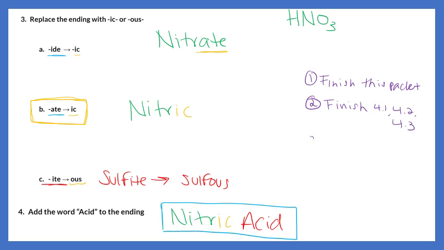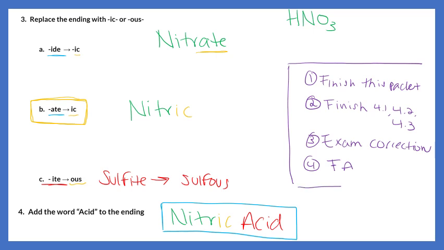And if you're done those, then you can work on exam corrections. And if you are finished those, you can take the focus area. These are the 4 things that you can do after this video, but please do them in order. Please work on this packet first. Then when you're done, you can move on to packets 4.1, 4.2, and 4.3. If you're done those, then you can do your exam corrections. If you don't have exam corrections to do, you can move on to your focus area. Okay? All right, that's all I have for you guys. Thank you.